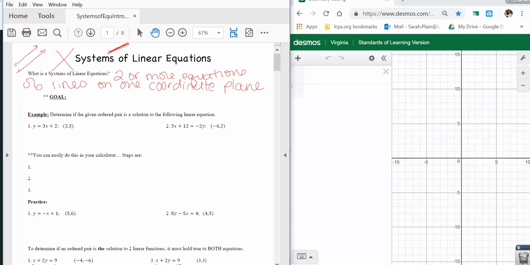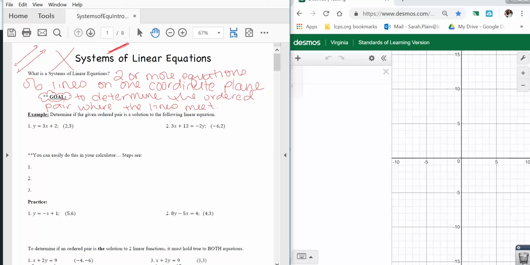So our goal with this, I would highlight where it says goal. Our goal is to determine the ordered pair where the lines meet.